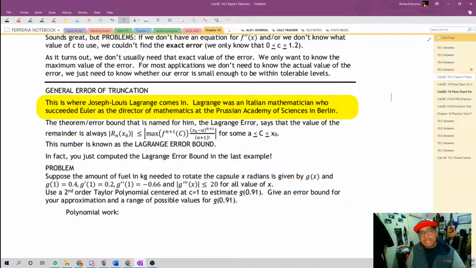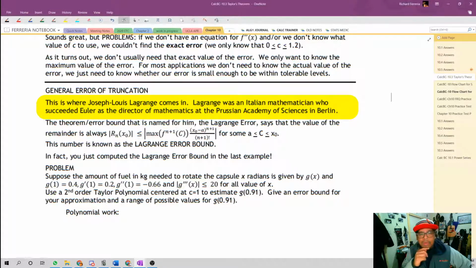All you really need to figure out the Lagrange error bound is the maximum value of that derivative. Now, depending on where you place that maximum value, your Lagrange error bound could be bigger or smaller. Academically and on the AP test, you will be led to a number for that maximum derivative.